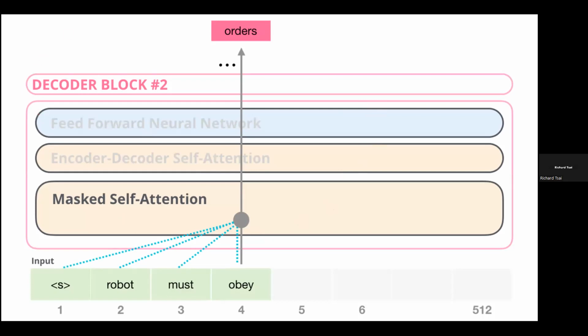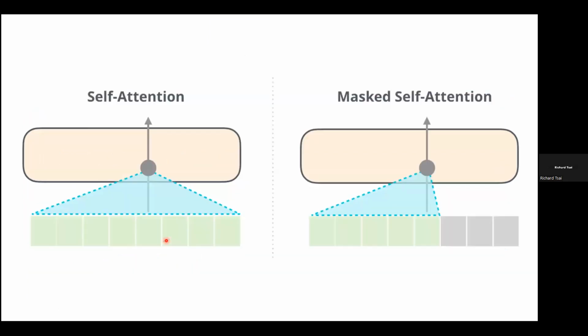The masked MHA ensures that the attention is not allowed to be directed toward positions in the input sequence that come after the current position being considered. So this picture illustrates the difference between self-attention and masked self-attention.